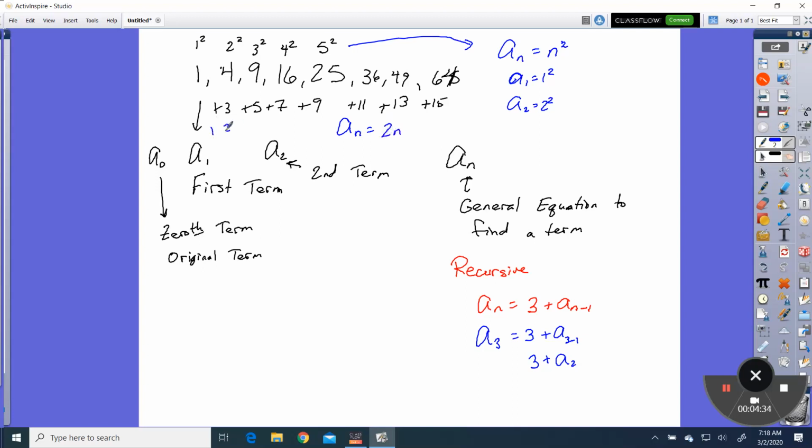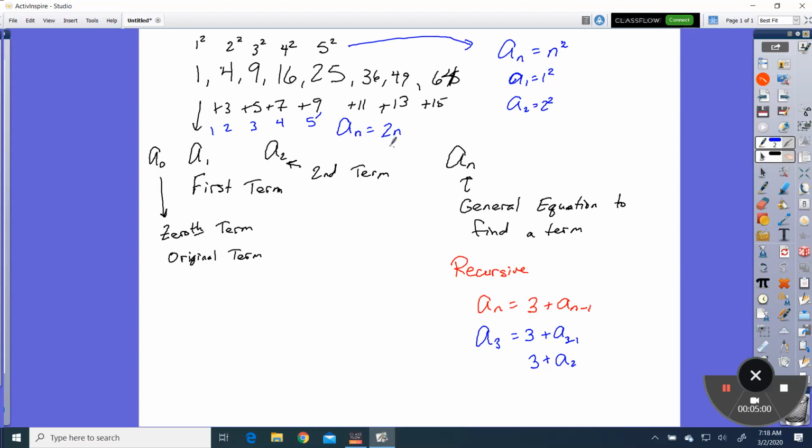This was the first term, second term, third term, fourth term, fifth term was right there. So 2 times, like these are counting by odds, 1, 3, 5, 7, 9, right? 11, 13, 15. So 2 times n would be 2, 4, 6, 8, 10. Does that make sense?